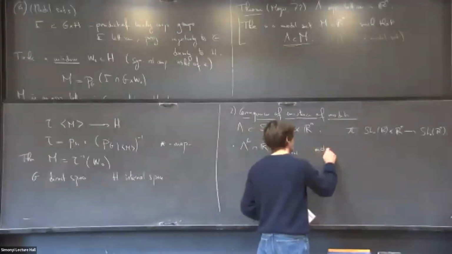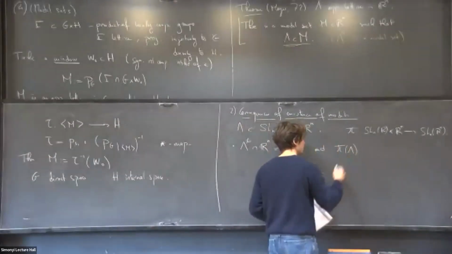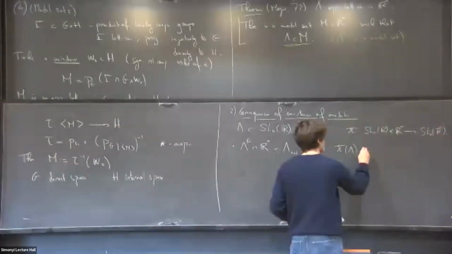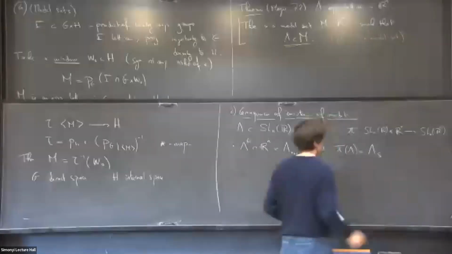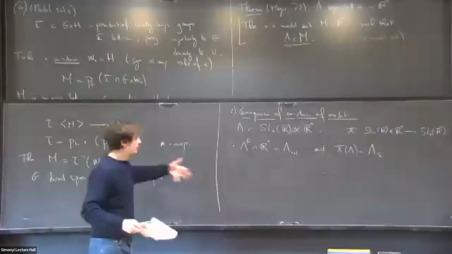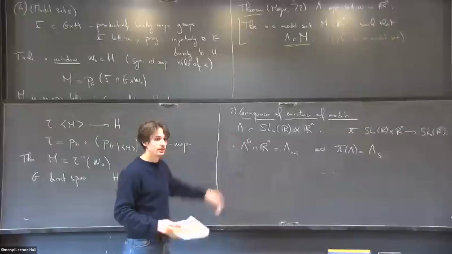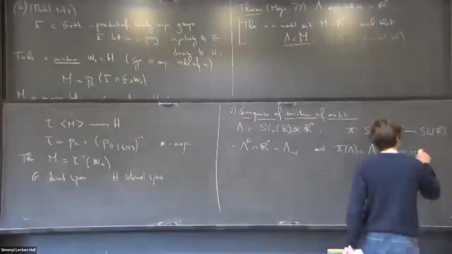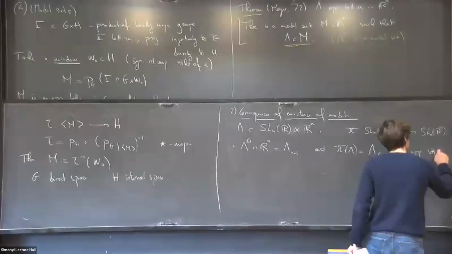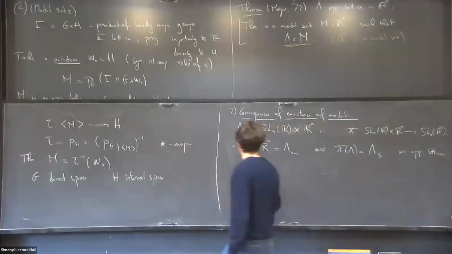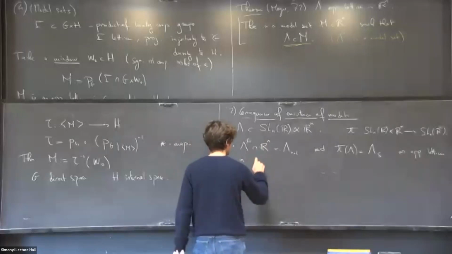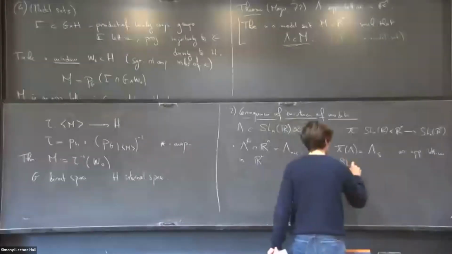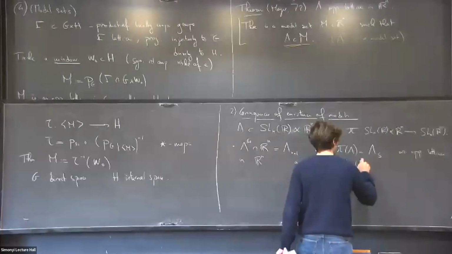And also the projection of lambda to SLn R, which I'm going to denote lambda S. These two objects that are quite natural to consider once you have something like that are approximate lattices too, in Rn and SLn R respectively.